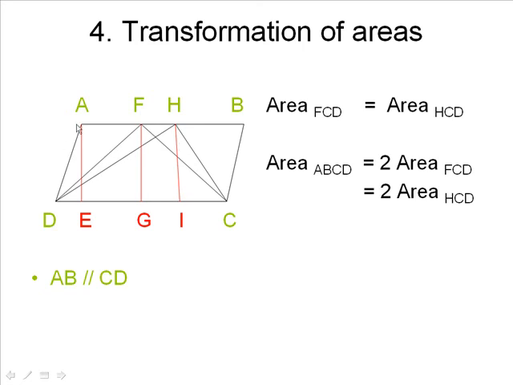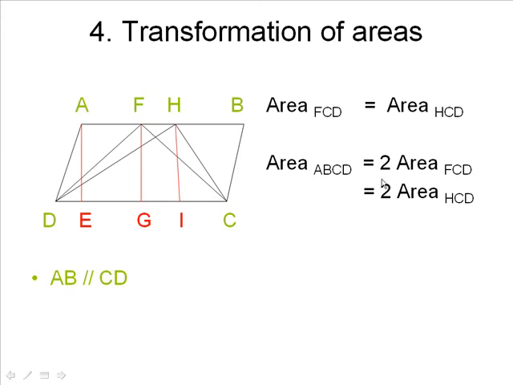And now let's look at a parallelogram. This parallelogram has the same base CD and the same height AE. The area of a parallelogram is just the base times the height, so it is going to be twice the area of the triangle.